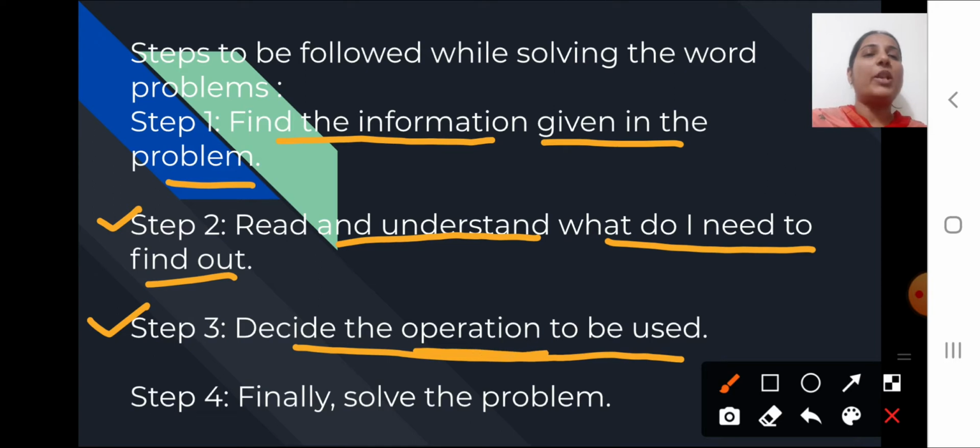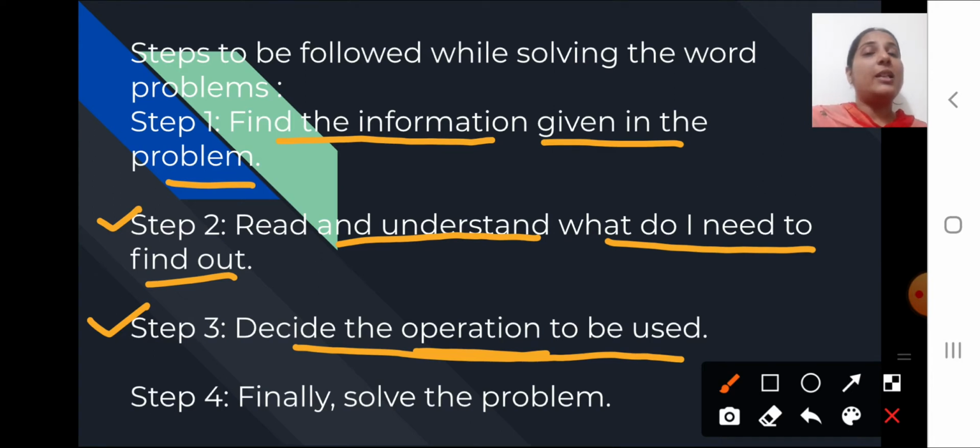Now what is operation here, children? Operation means to get the answer, what you will be doing, whether you will be doing addition or subtraction or multiplication or division. You have to decide that. And how will you be able to decide? When you read the question and understand it carefully.